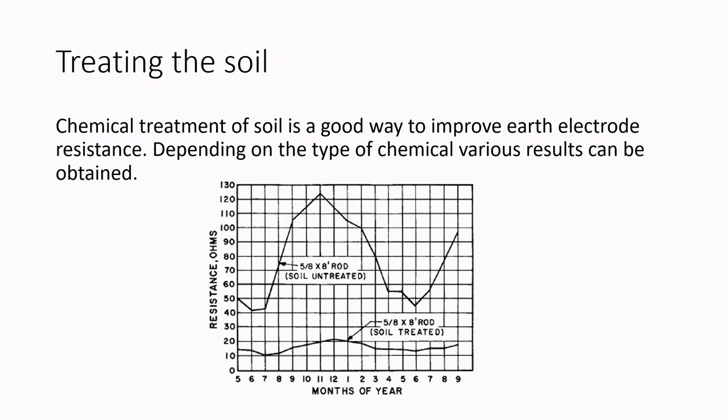Now I am going to show you a video on how this earth electrode resistance changes with different factors. By watching this video, you will get understanding on how to improve the soil and how to take measurements from a clamp on earth electrode resistance meter.